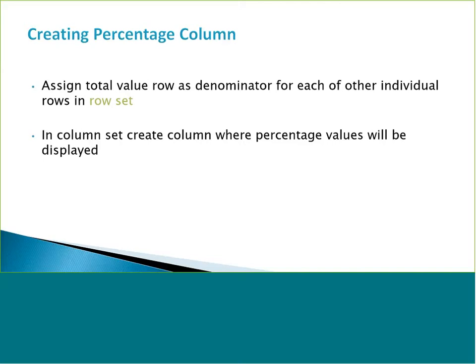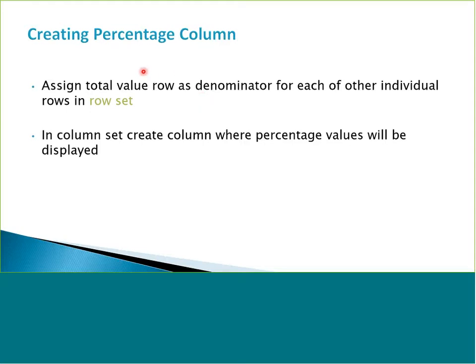Okay, we are creating a percentage column, but the calculations are taking part, we are seeing them in terms of rows. That sounds a bit confusing, but hopefully by the end of this, it will be more clear, all right?